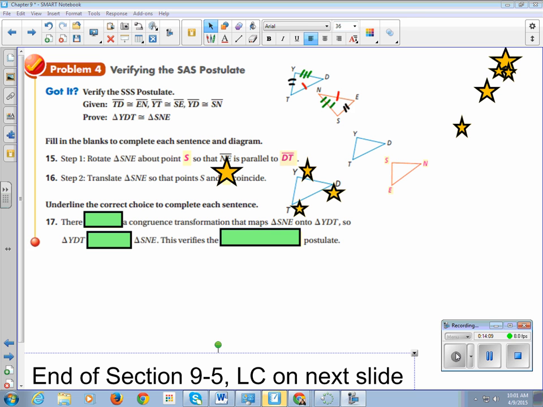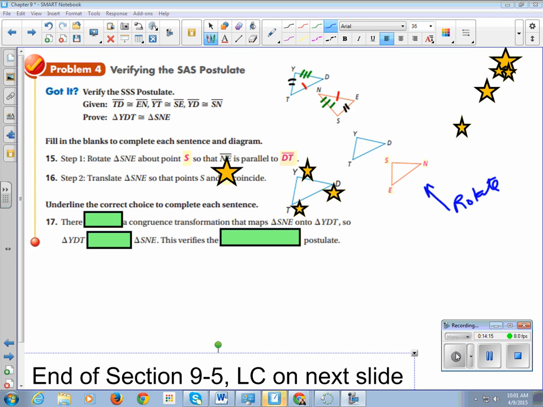We rotated it. Now they're the same rotation, so we can see that YD and SN, and YT and SE, and the hypotenuses are all congruent.